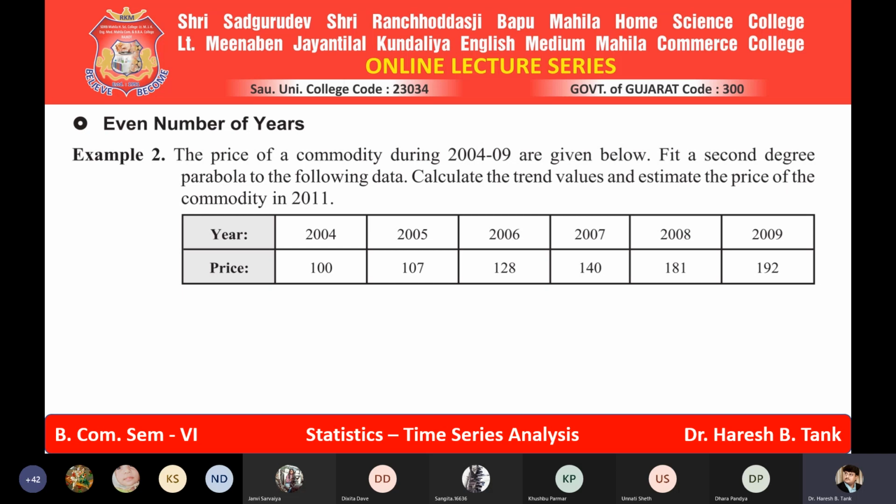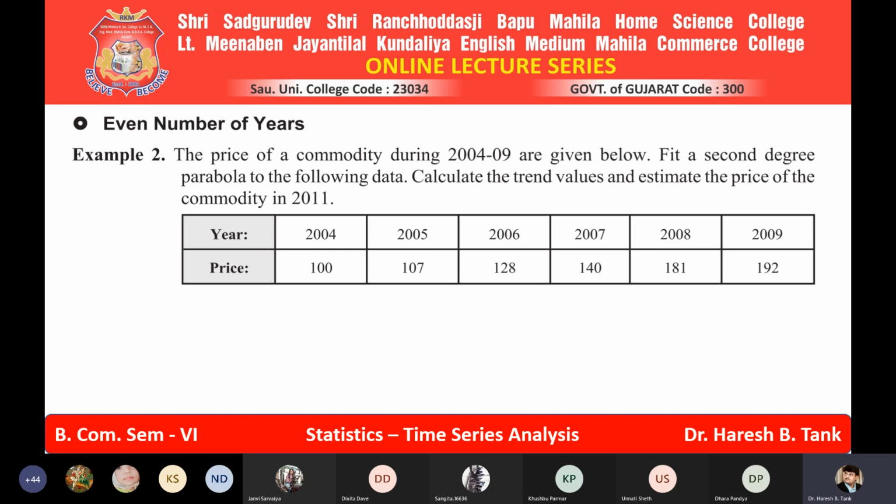Which are these 2 different years? 2006 and 2007. So 2006 and 2007 will be the 2 years which are named as middle years. From these two middle years, we have to take the mid point of these 2 years. 2006.5. Absolutely perfect, Janvi and Dikshita.